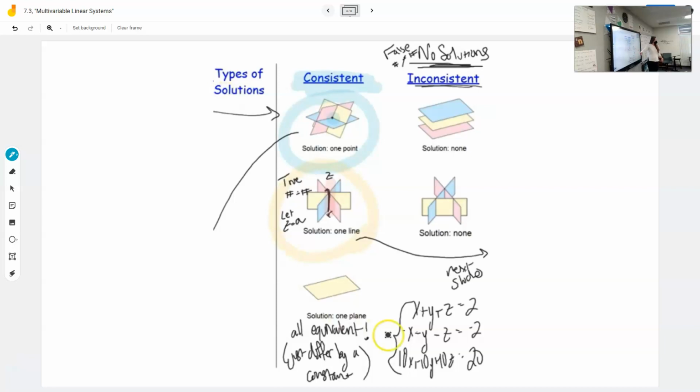What does this say? Are there intersections? Yes, sir. But how many? Multiple. And not just multiple. 1 line, which means infinite. But is it infinite as in all, or infinite as in it keeps on going, certain, specific, but infinite?